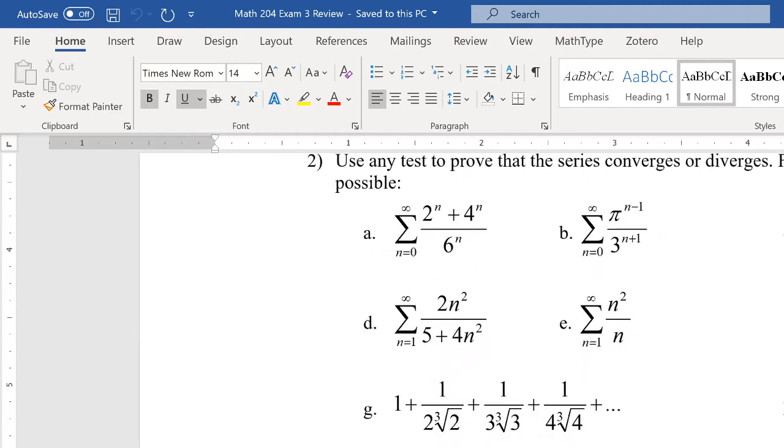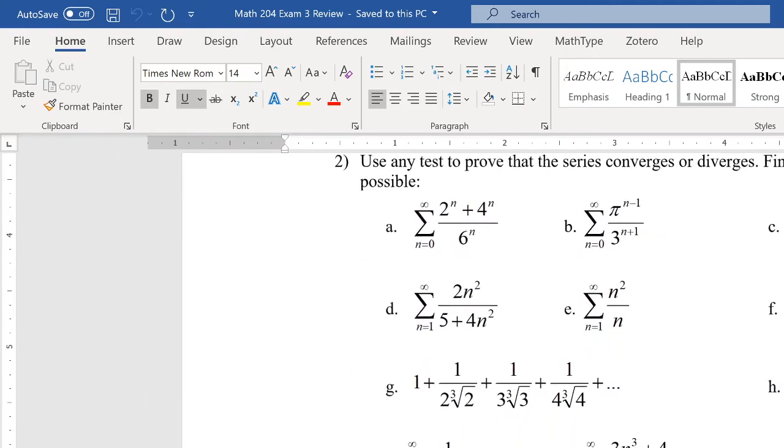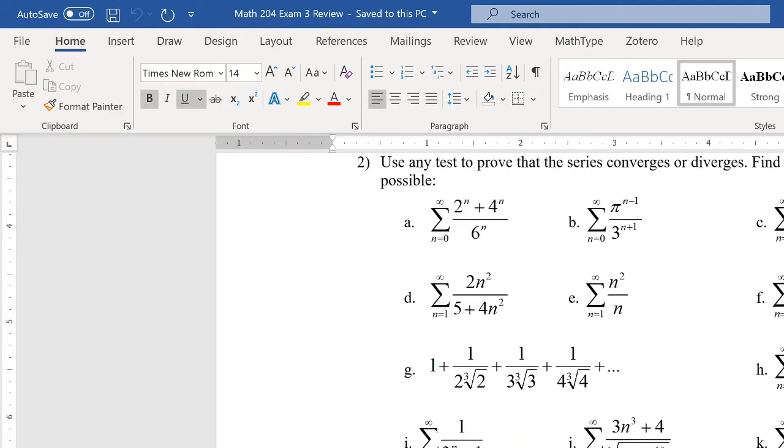Yeah, I'm not sure. See if I can see what you're looking at here. Darn it, why is it like that? All right, hold on just 1 second.